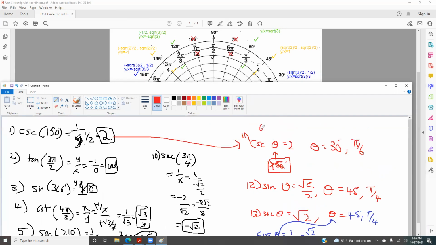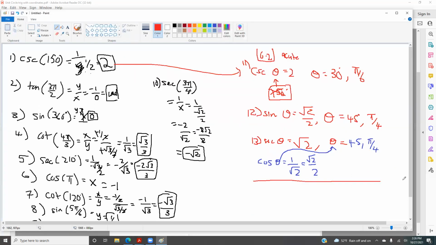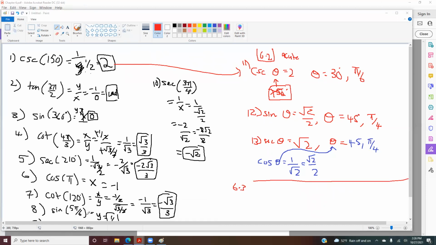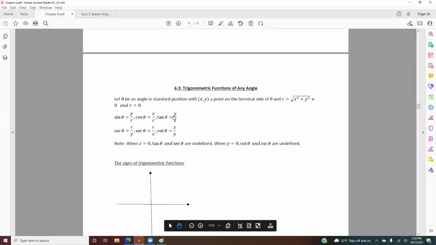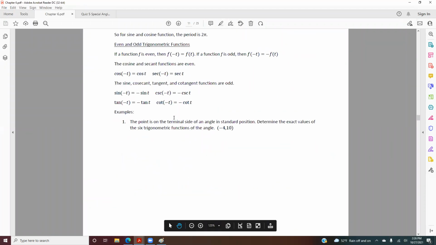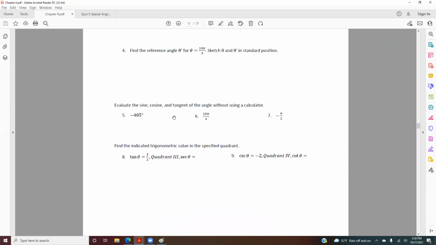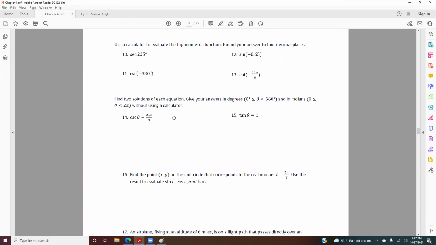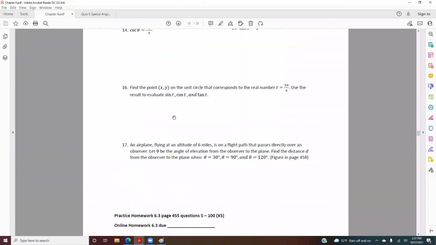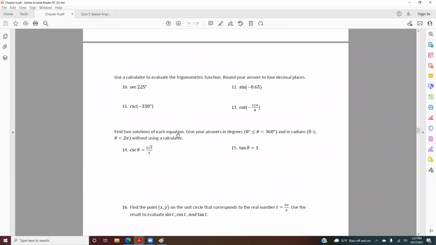So this is how we do 6.2, because your angle is acute, meaning it is between 0 to 90 degrees. And I'm going to show you what happens in 6.3 homework, because in 6.3 homework, your angle changed a little bit because now your angle is no longer from 0 to 90. Your angle in this case is from 0 to 360.